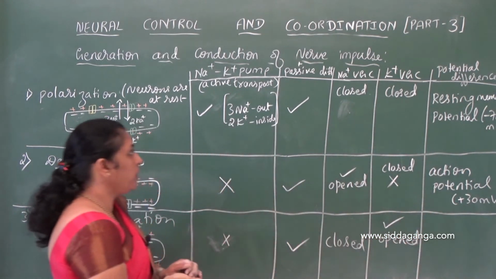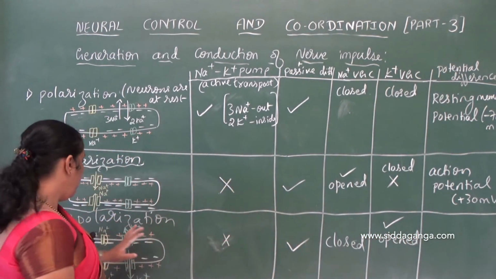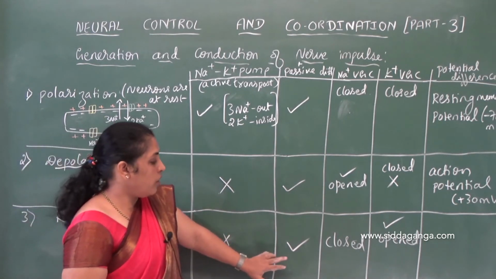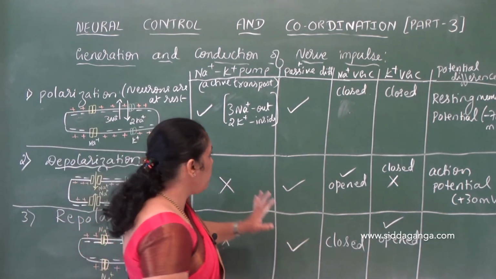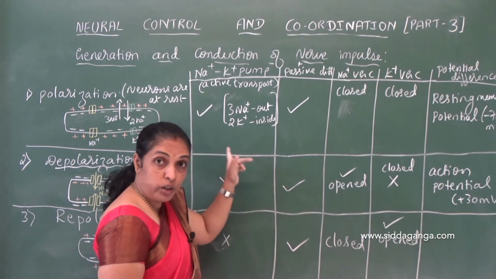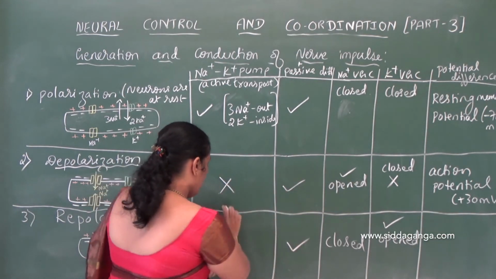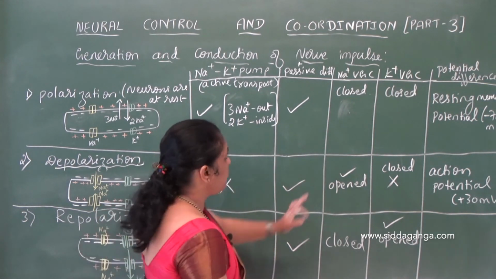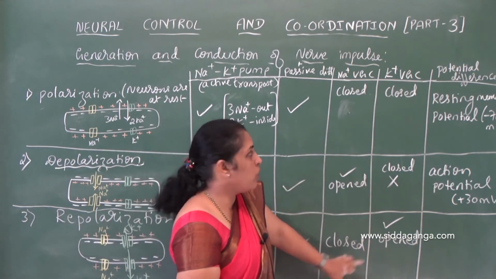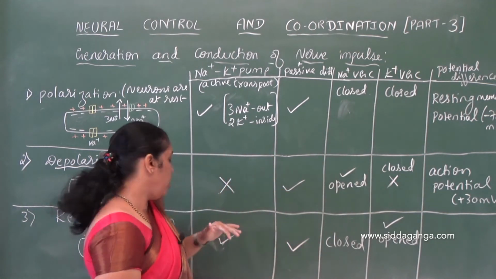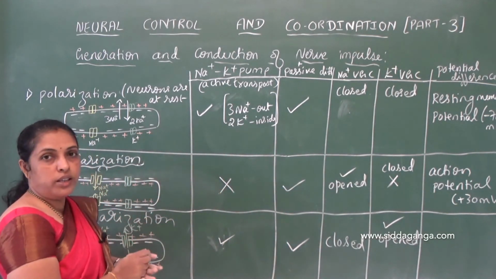So, this happens when repolarization takes place. What happens in repolarization? Passive diffusion occurs. The sodium potassium pump is only in the resting state. Again, this also opens and sodium gated channels will be closed, potassium gated channels will be opened. So, that neuron will be in a repolarized state.